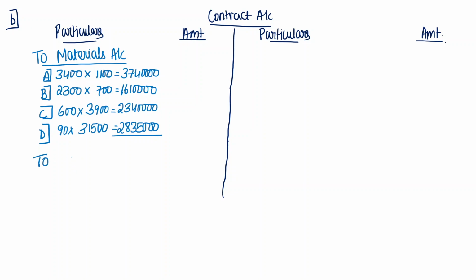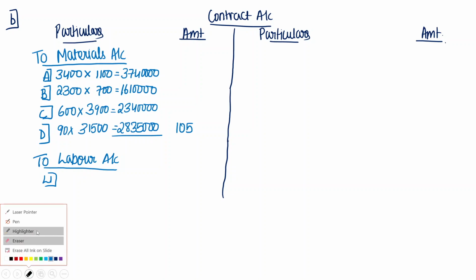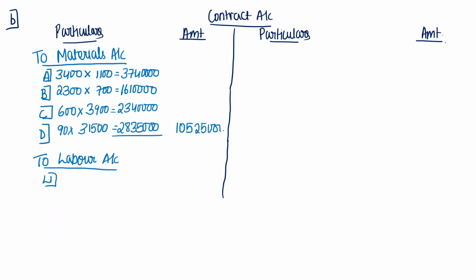Hamsa, please be ready with the labor. 1 crore 5 lakh 25,000. Hamsa, L1 and L2. 56,000 into 18.